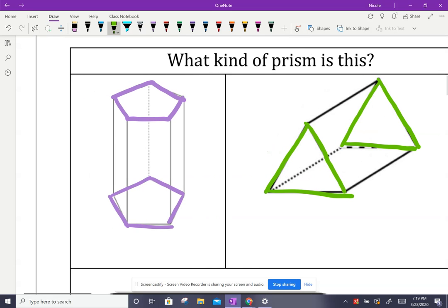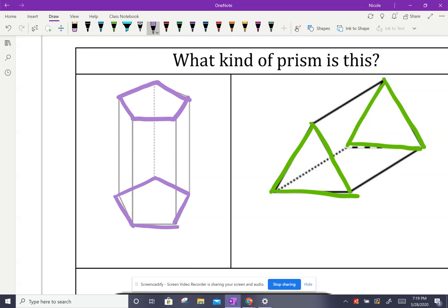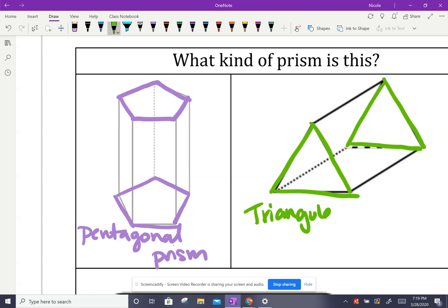So going back to my pentagon prism, because the two bases are pentagons, this is a pentagonal prism. That is the name of it. And of course, since I have two triangles over here, I have a triangular prism. You could have an octagonal prism, you could have a rectangular prism, a trapezoidal prism.